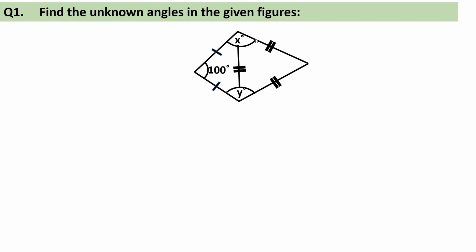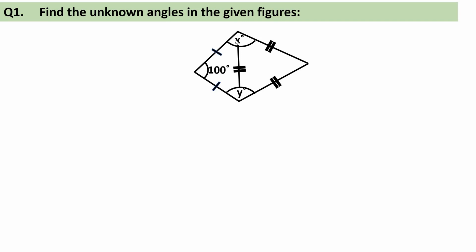Here we have an equilateral triangle where all three sides are equal, and on this side an isosceles triangle where these two sides are equal, and the vertical angle is 100 degrees. This angle is x degrees and this angle is y degrees. We don't know x and y, and that is what we are asked to find.